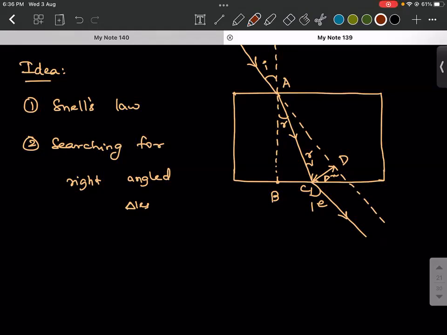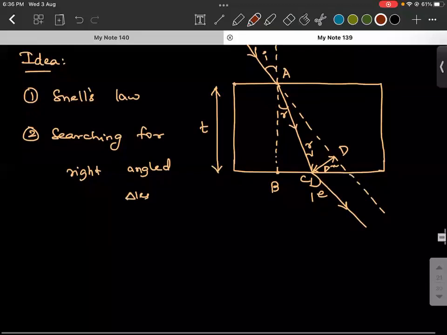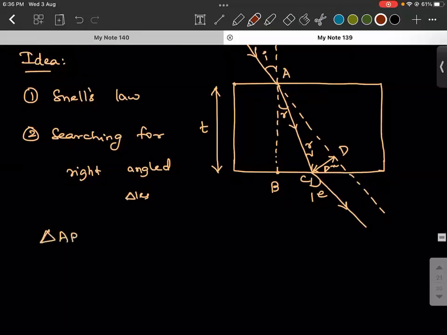So these are the two logics that we need to always apply whenever angles, refractive indices, and distances are involved. Since in this scenario our job is to find the distance, we'll apply these two steps. For that, let me assign the thickness of the glass slab to be T. Now, if I look at the right angle triangle ABC, this is how it is going to look.